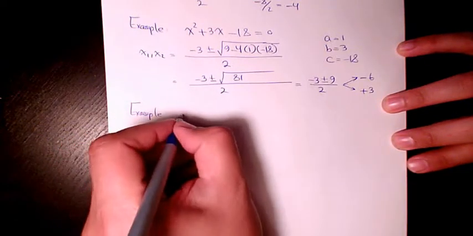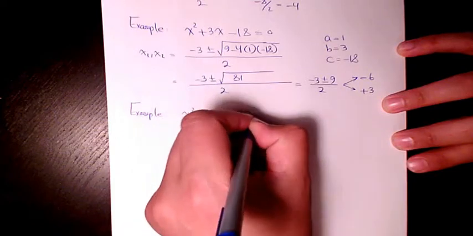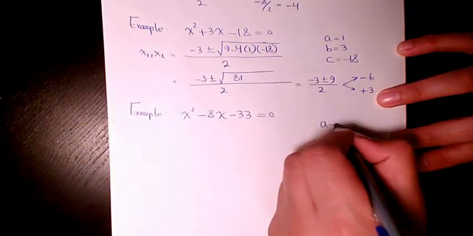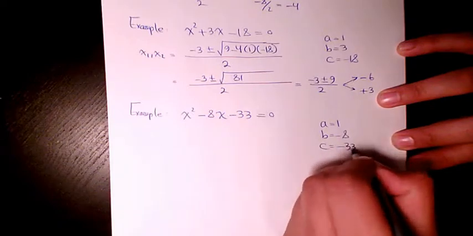We have x squared minus 8x minus 33 equals 0. A is 1 in this example, b is negative 8, and c is negative 33.